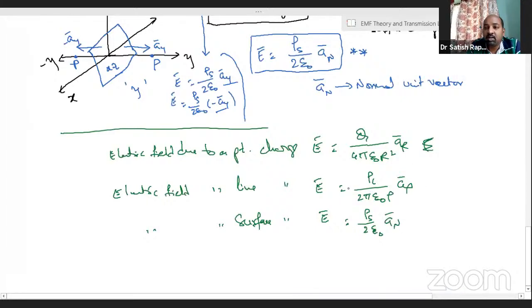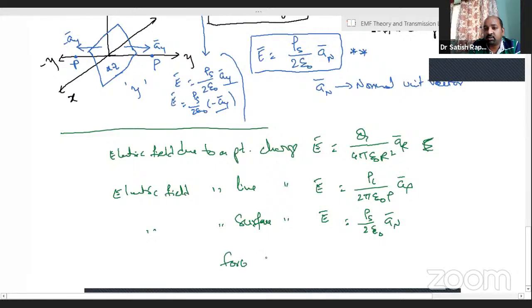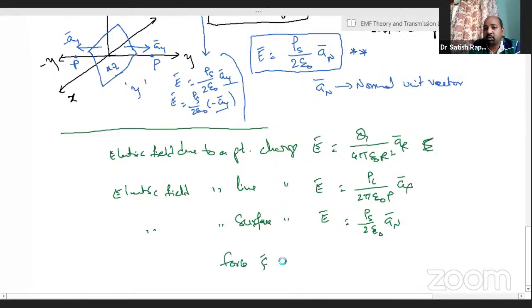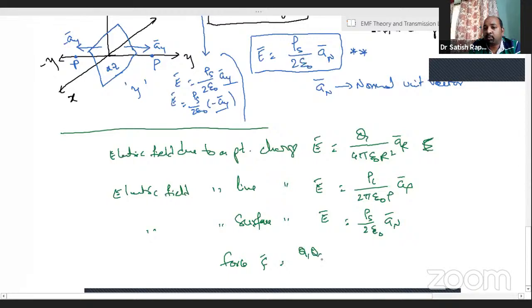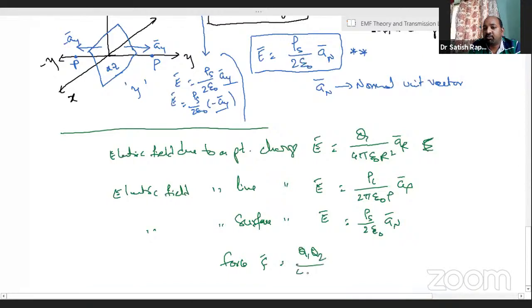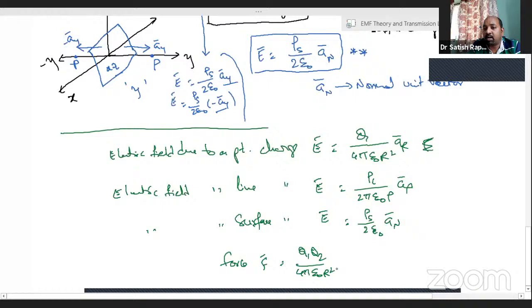So these are the three important equations which we have discussed so far. And apart from this, Coulomb's law also: force F bar is equal to Q1 Q2 by 4 pi epsilon naught r square a r bar.